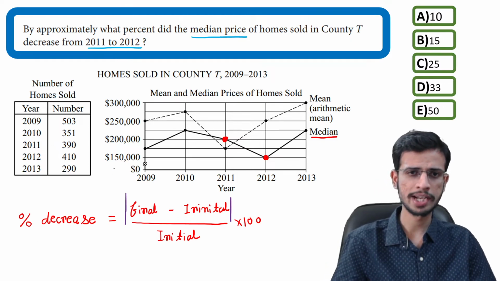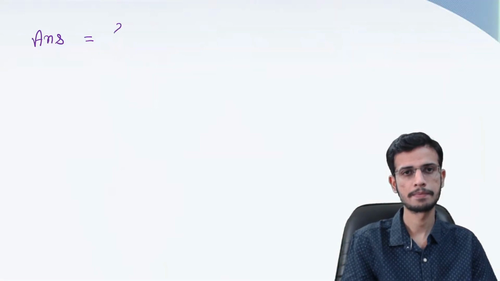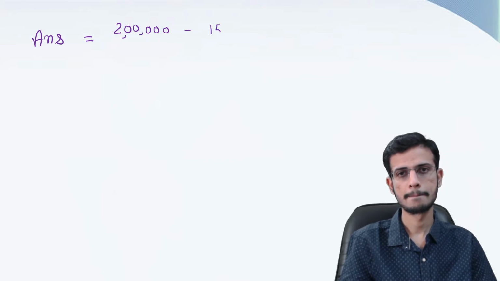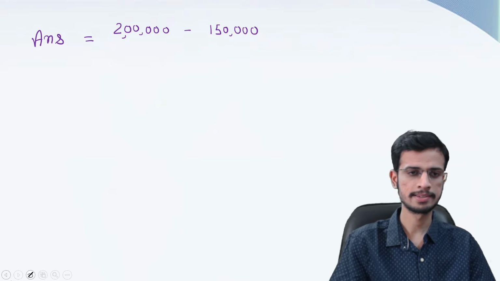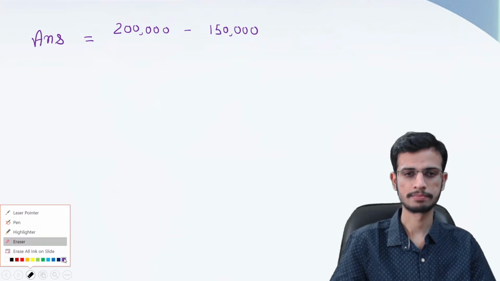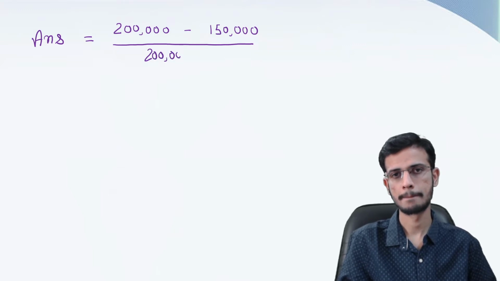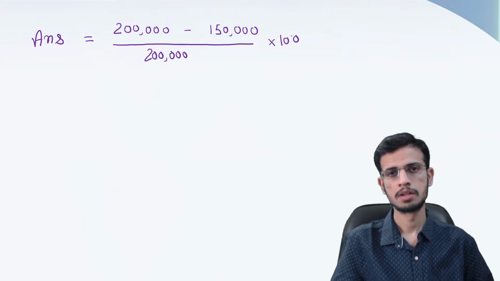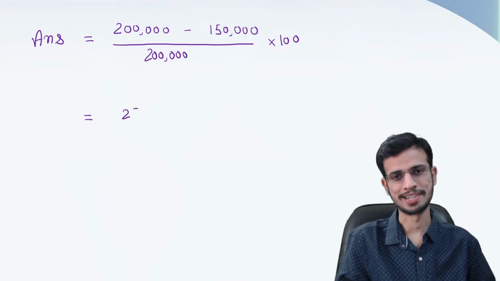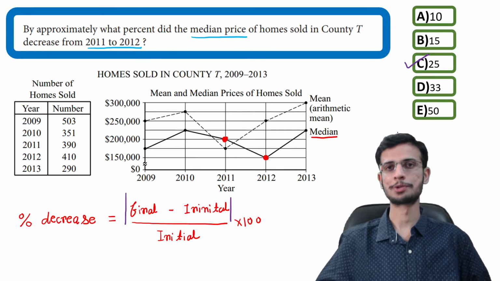We just put in the values given to us, divided by initial, into 100. So this will be 25%. Good answer. Option C will be the correct answer for this question.